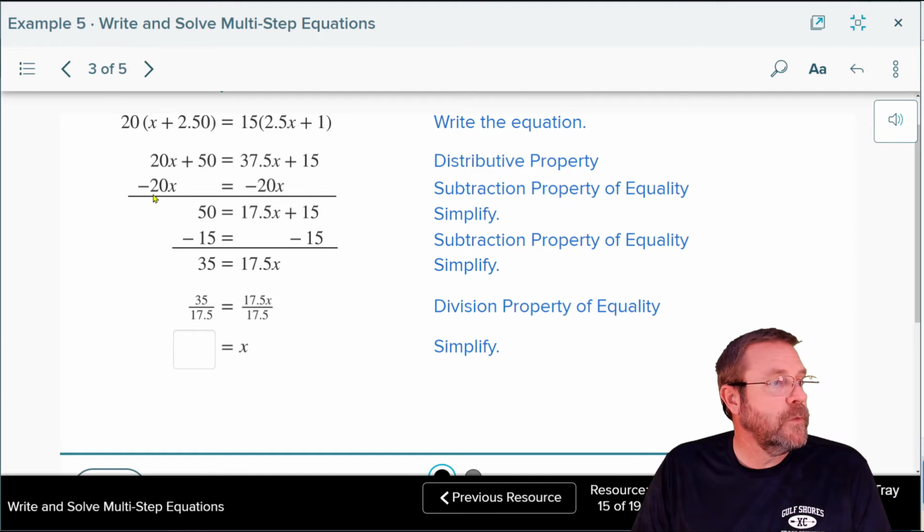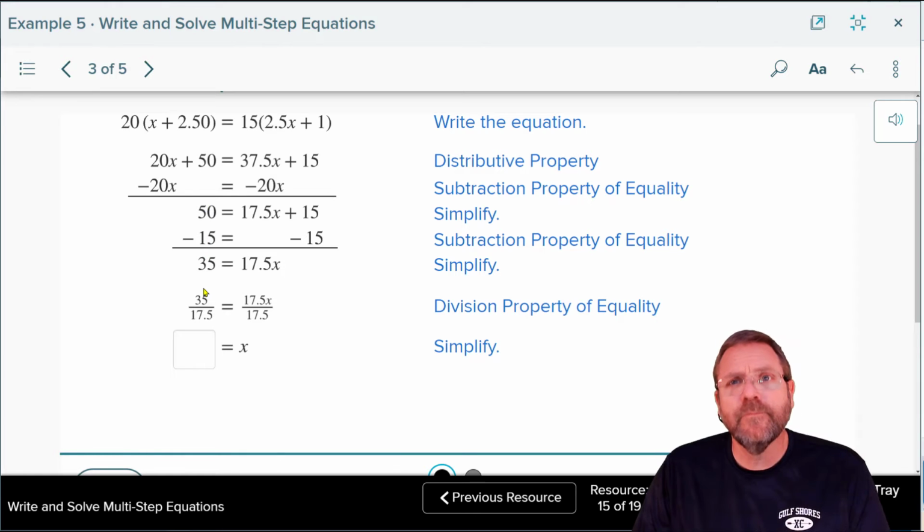The 20x on the left zero each other out, leaving you 50, and on the right, 37.5 minus 20 is going to leave us 17.5x, and the plus 15 comes down. Now we're going to undo addition and subtraction by subtracting 15 from both sides. The 15s on the right zero out, leaving you with just 17.5x, and on the left, 50 minus 15 is going to equal 35.